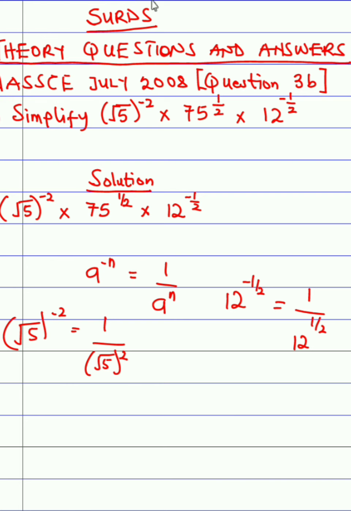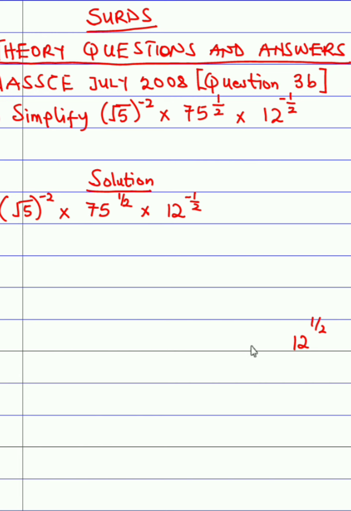So I believe you now understand the concept behind what we are doing. So this will be equal to 1 over root 5 squared times 75 exponent 1 over 2 times 1 over 12 exponent half.